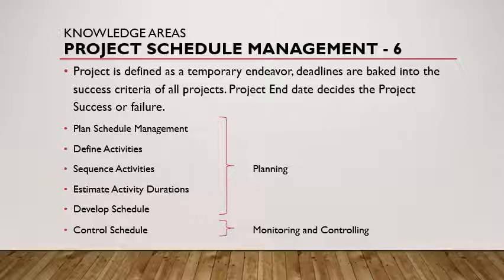The second process, define activities. The third process, sequence activities. The fifth process, estimate activity durations and develop schedule. During the monitoring and controlling stage of the project, the process control schedule, wherein the schedule management has to be applied for the success of the process.